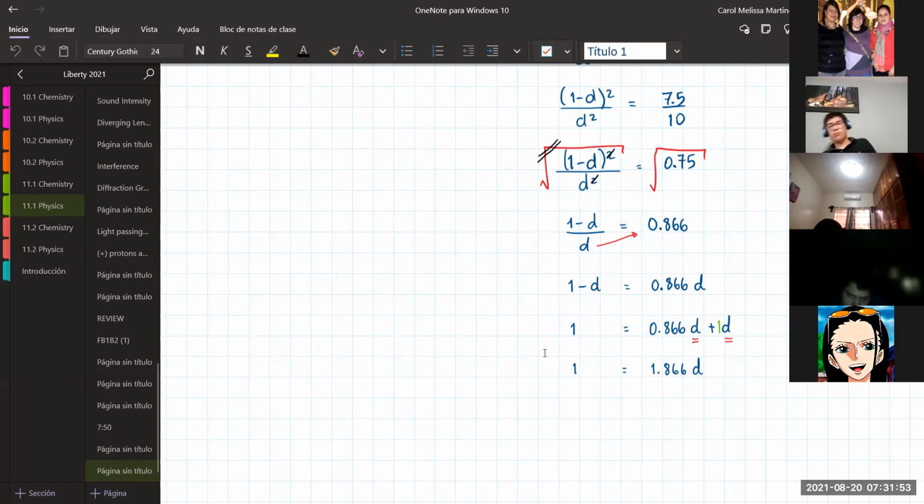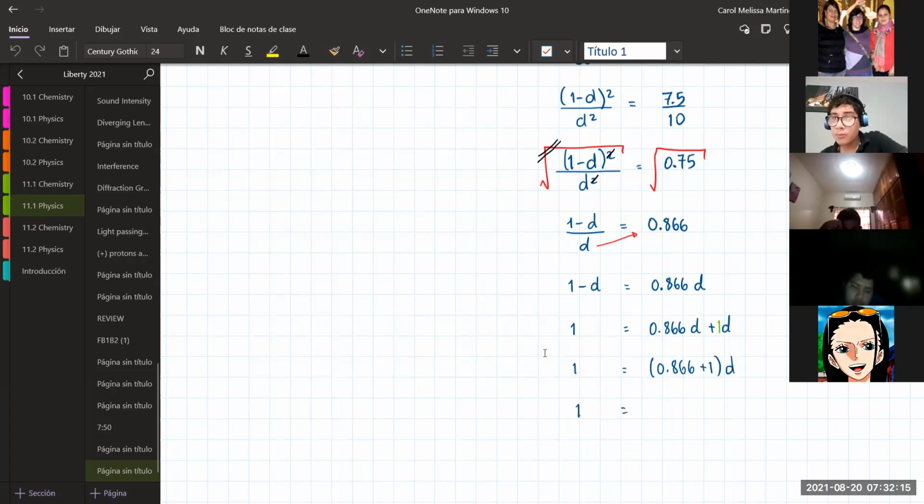That means that you can add them or subtract them. If you want to see it in a different way, this could also be 0.866 plus 1. If you want to do it like that, it's also good.